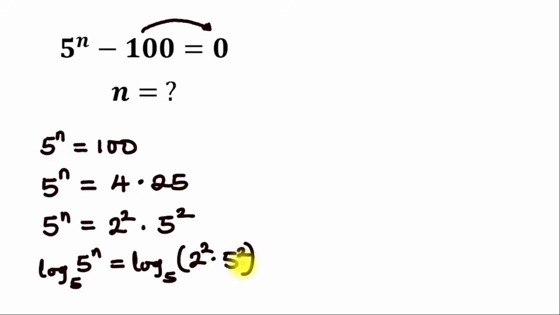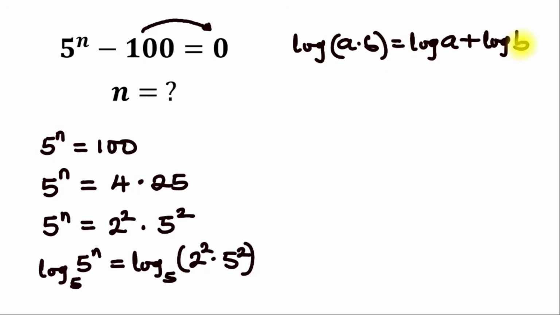Very good. Now let's apply an important property of logarithm that says that when I have the log of, let's say, a times b, for example, this can be written as log a plus log b. Good. Now this expression can be written like this.